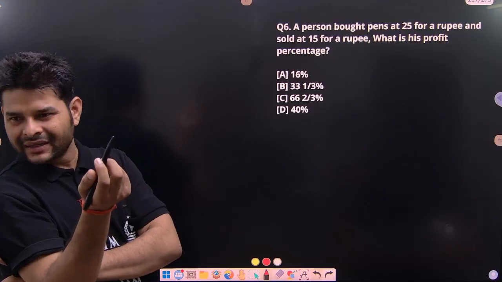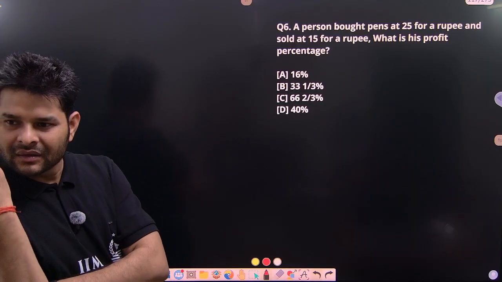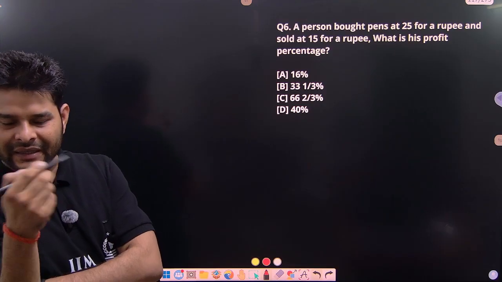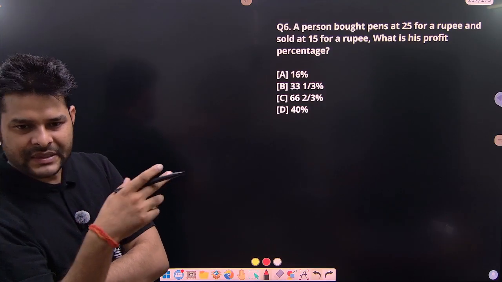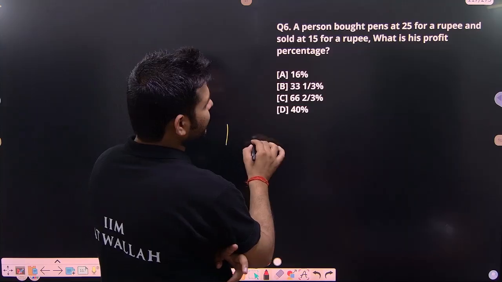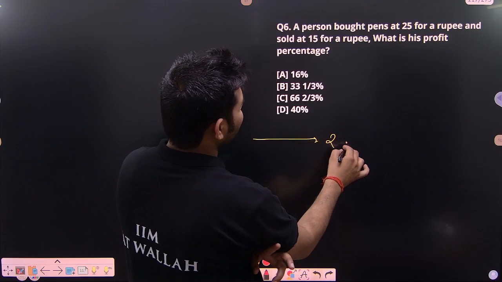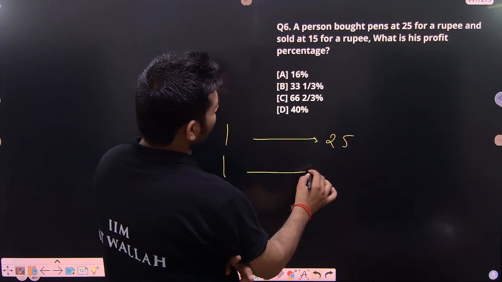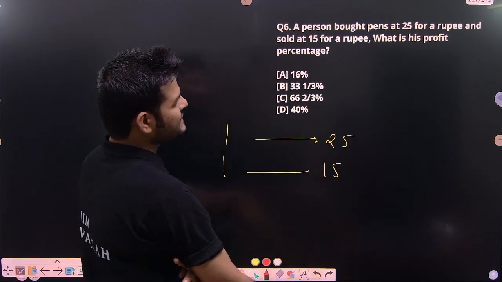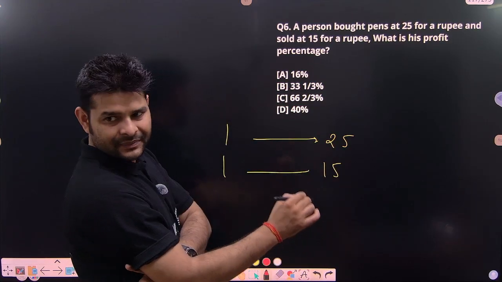You need to make the article same. The type we have discussed, in this type we need to make the article same. So in rupees 1 he bought 25 pens. In rupees 1 he sold 15 pens. So you need to make the article same.